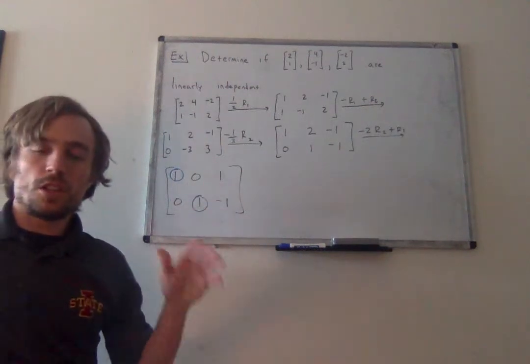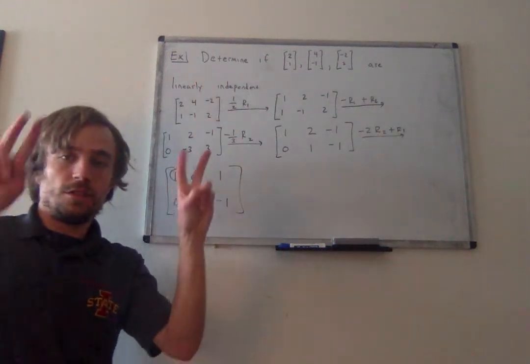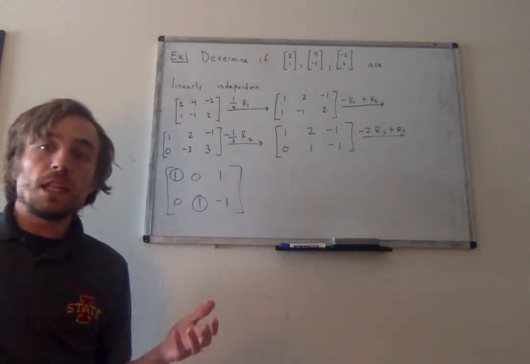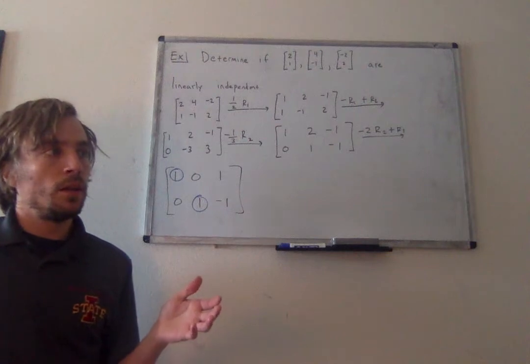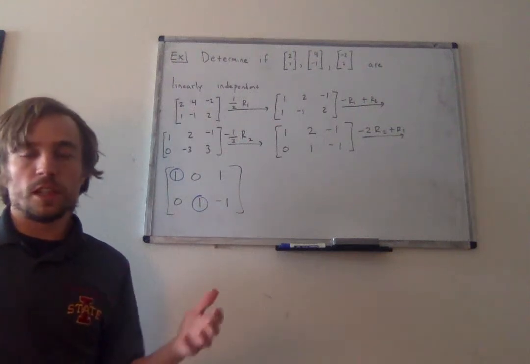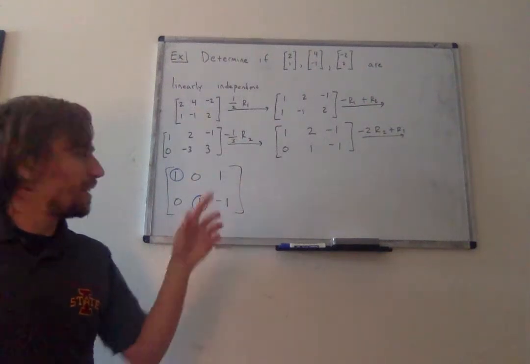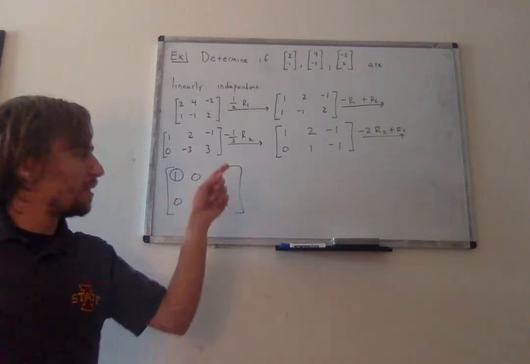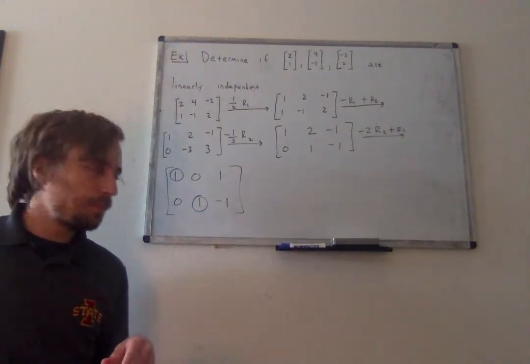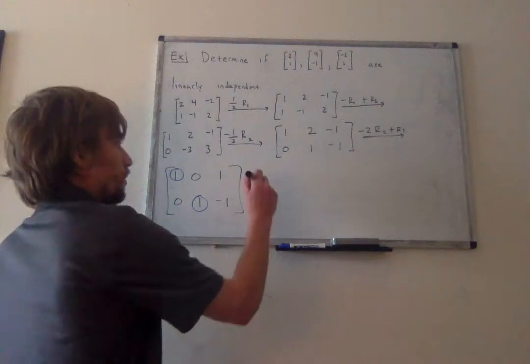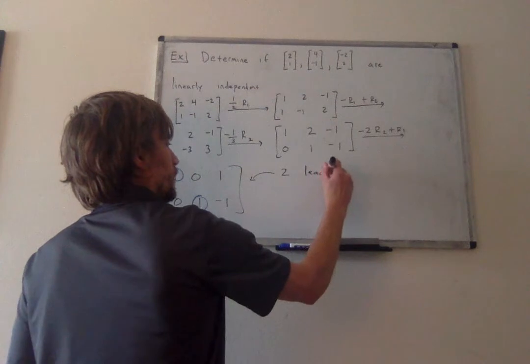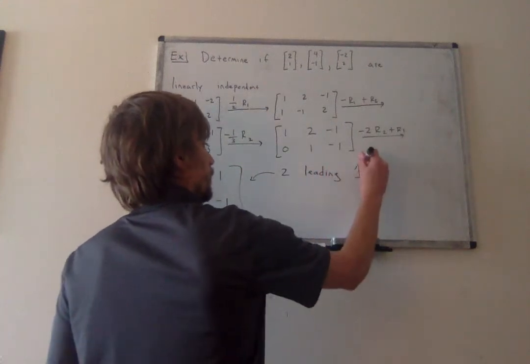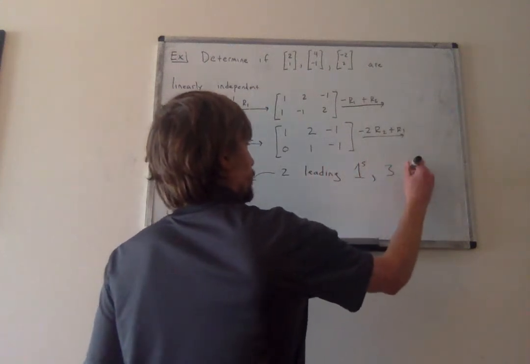Again, I've started to drop the last column of zeros that would normally be there if we were considering the homogeneous equation for determining linear independence. But you can imagine there's this column of zeros at the end. So we can say here 2 leading ones and 3 vectors.